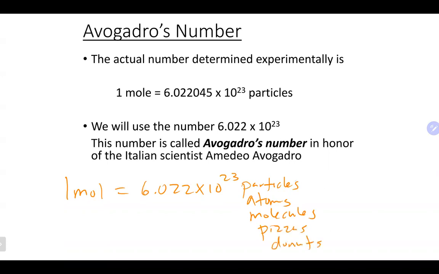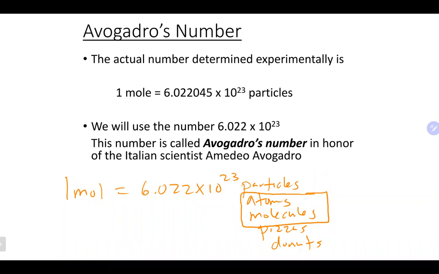Probably in chemistry, you're going to see pizzas and donuts a lot, but no, atoms and molecules are really the 2 common units that we see used with Avogadro's number, which is 6.022 times 10 to the 23. First off, make sure when you use that number that you are using the exponent button on your calculator, and use that button correctly here.